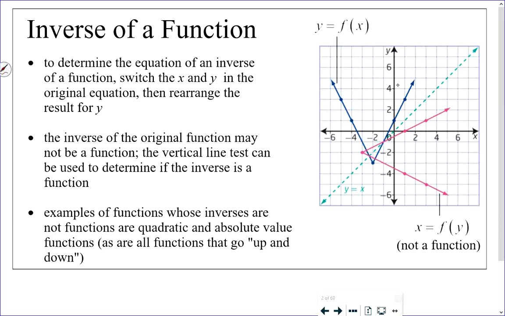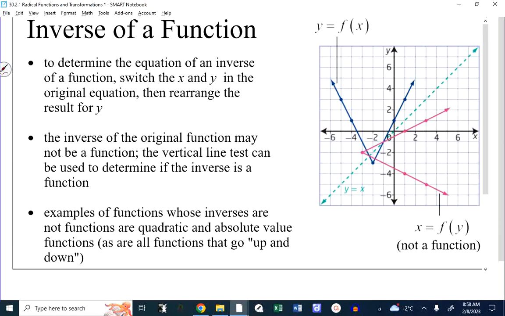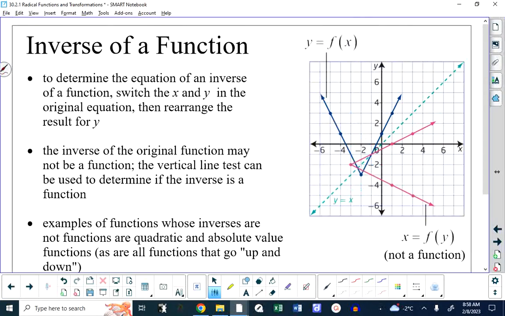We said yesterday that if I gave you the blue graph and asked whether the inverse of the blue graph is a function, you could take all the points on the blue graph, swap x and y, and replot them, and then look at the resulting inverse, which is the pink graph, and say, well, it fails the vertical line test.